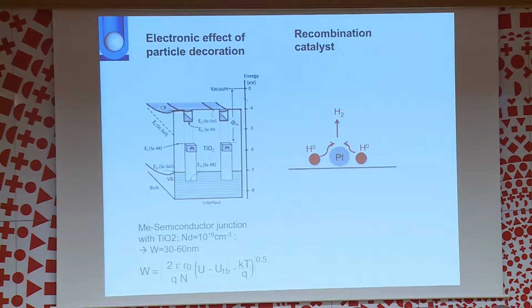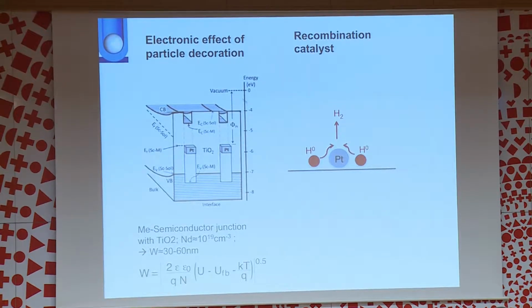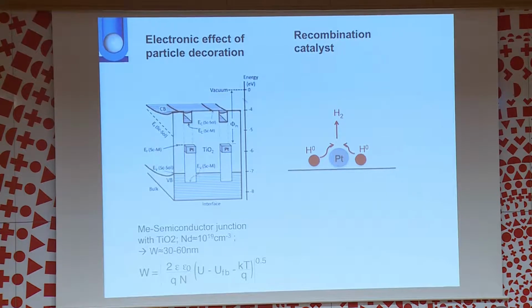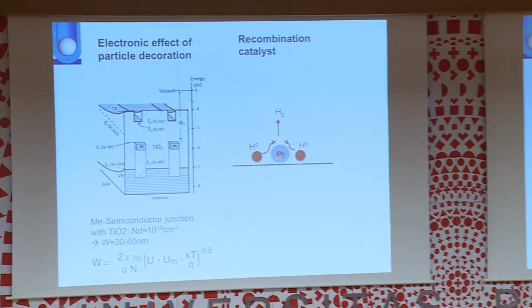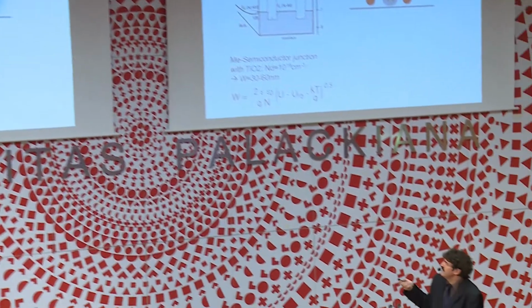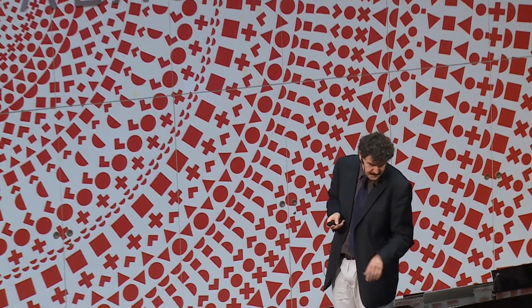If you decorate titanium dioxide with a gold particle, or with a platinum particle too, first of all, you get a local change in the electronic properties of the material, which helps the separation of electron-hole pairs. And secondly, if you use a hydrogen recombination catalyst like platinum, it helps the hydrogen evolution.